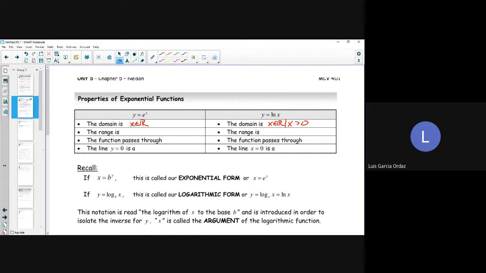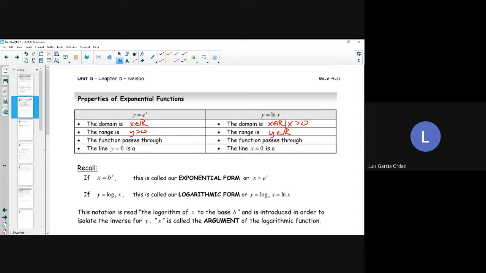For my range, in y is equal to e to the x, y has to be bigger than 0, but my range for ln of x is y an element of all real numbers. So as you can see, they kind of swap places. My domain in e to the x is my range in the inverse, and my range in e to the x is my domain in the inverse.